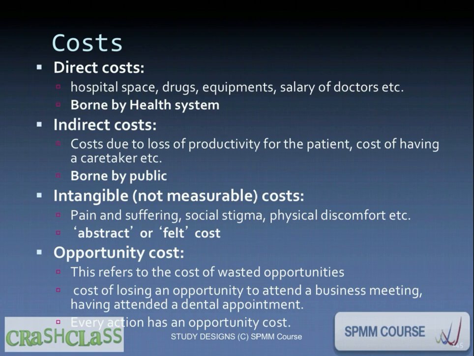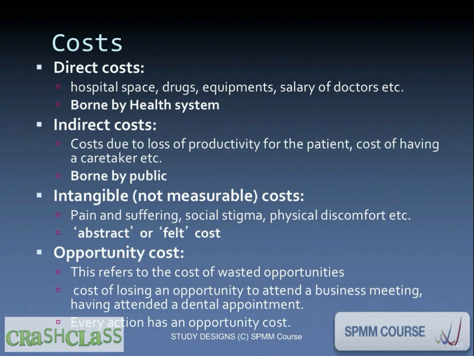Number one, because you go and visit a doctor, the doctor's time has to be paid. The salary that people pay to the doctor, the amount of space the doctor is using, the rent the GP pays to the surgery, the drugs that are dispensed from the pharmacy, all of these are direct costs. Anything that directly serves to treat, diagnose, or cure an illness.